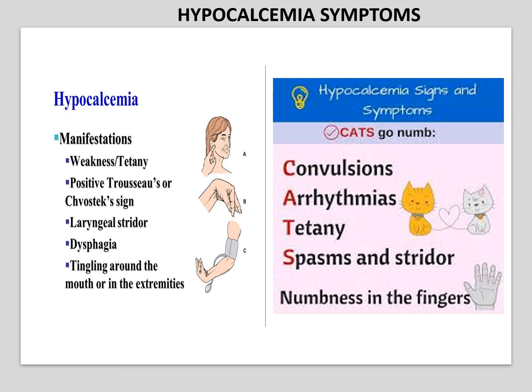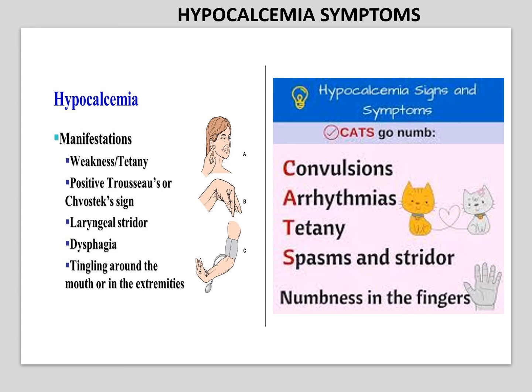Tingling around the mouth, tingling of the extremities, such as your fingers, very common with hypocalcemia. And definitely if someone comes in and says, I have tingling all around my mouth and my fingers feel all numb, we'll definitely check a serum calcium level.